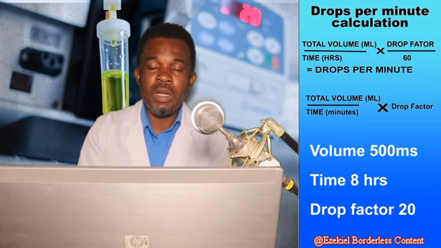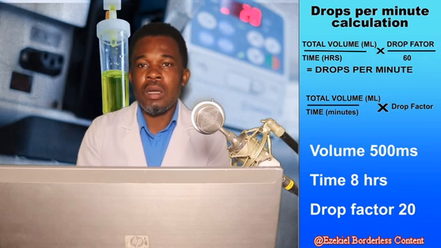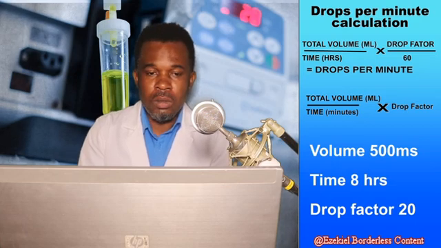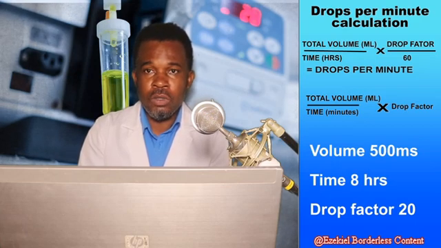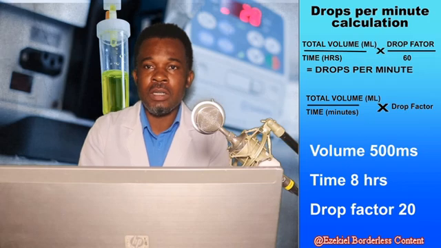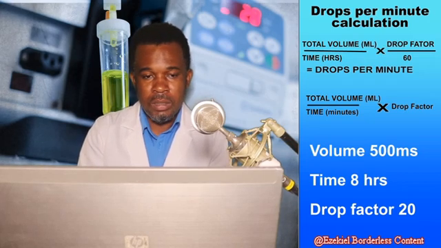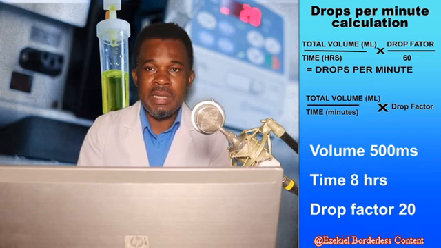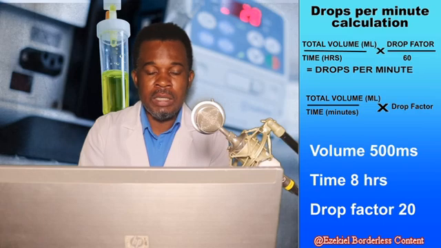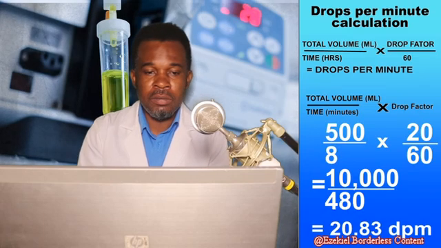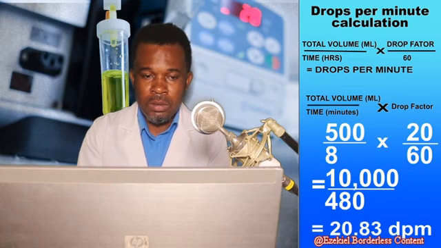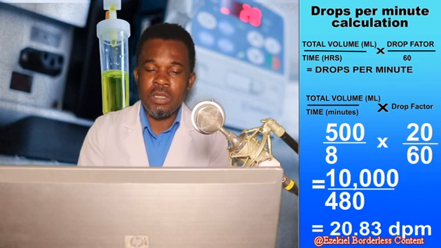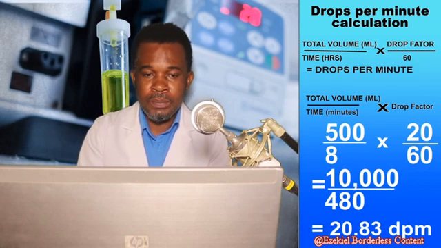So the formula, as earlier stated, is fluid in mils all over time required for this fluid to be administered times the drop factor all over 60. 60 is a constant for time. So if we translate this formula into reality, it is 500 mils of IV fluid all over 8 hours times 20, which is the drop factor, all over 60.